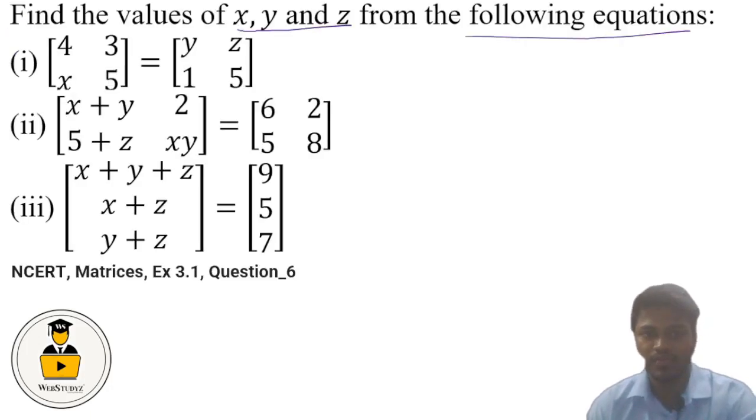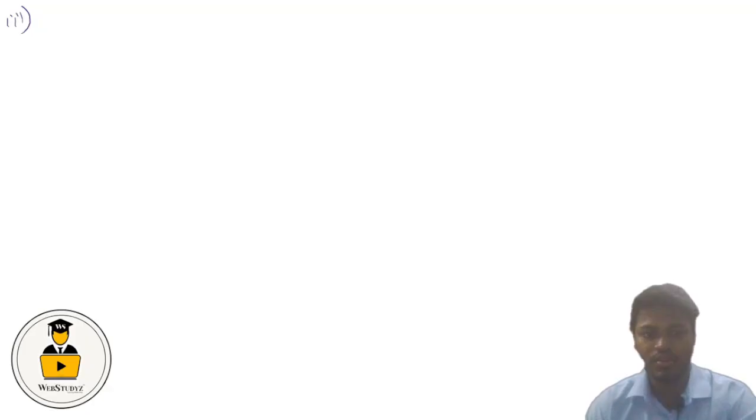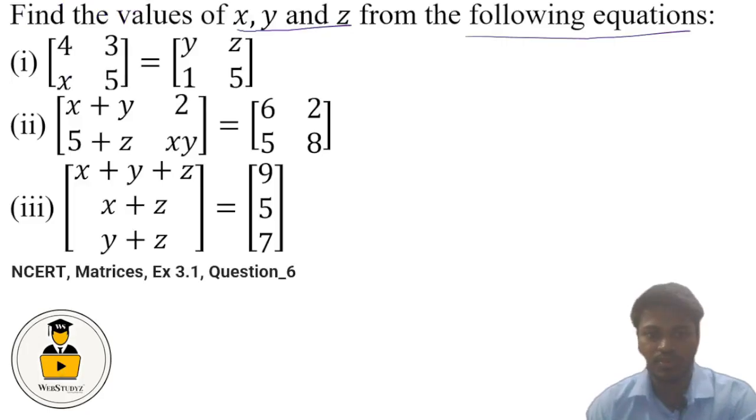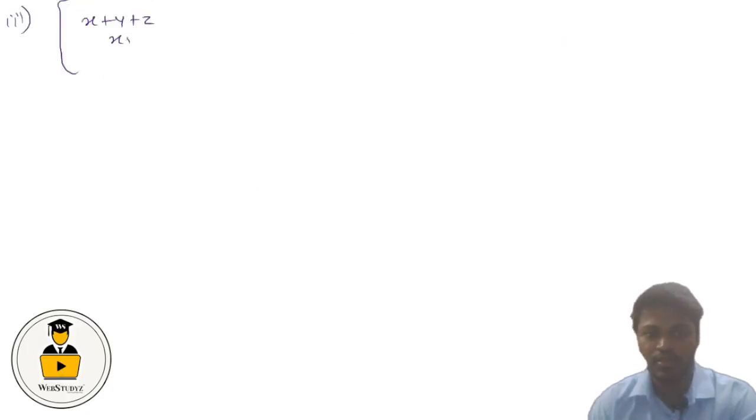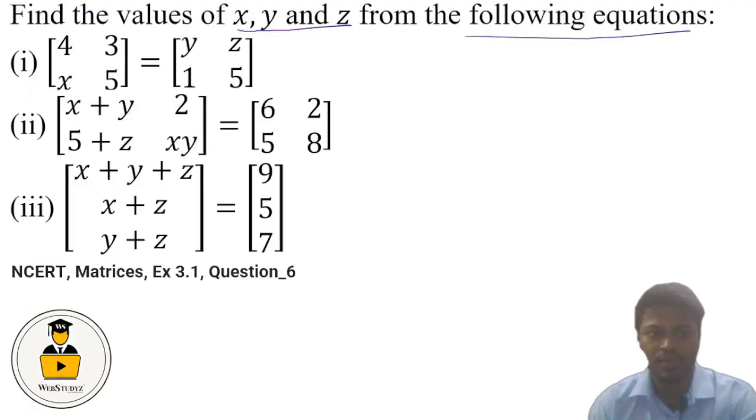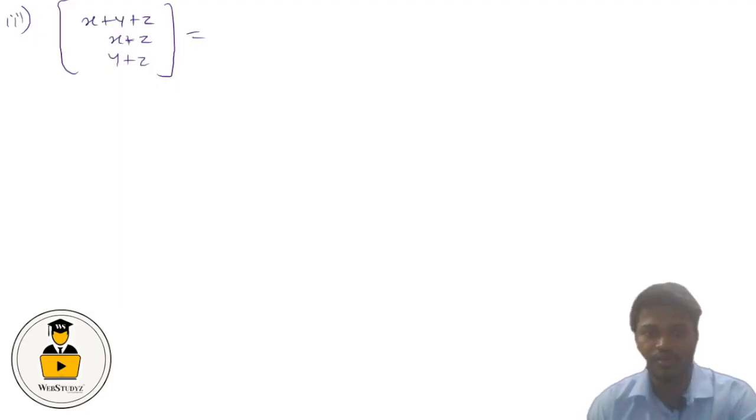Similarly, for the next matrix, we have given x plus y plus z, x plus z, y plus z, and it is equal to 9, 5 and 7.